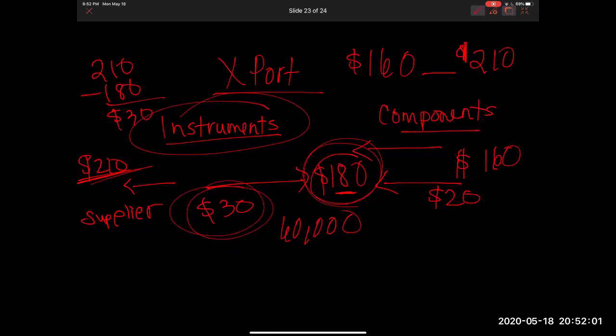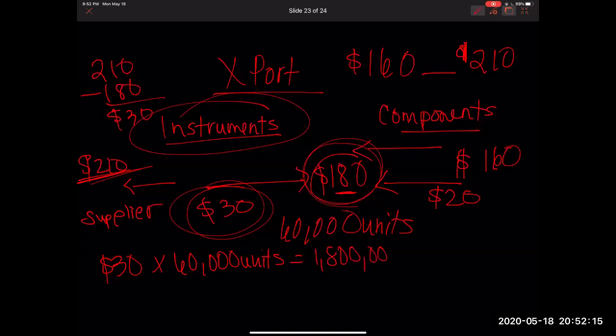So $30 in savings times the 60,000 units is a total savings of $1.8 million. Okay, so that's the instruments.